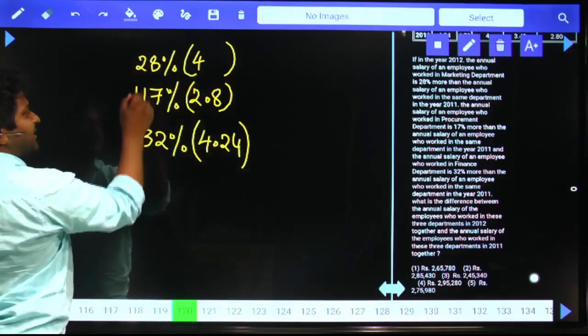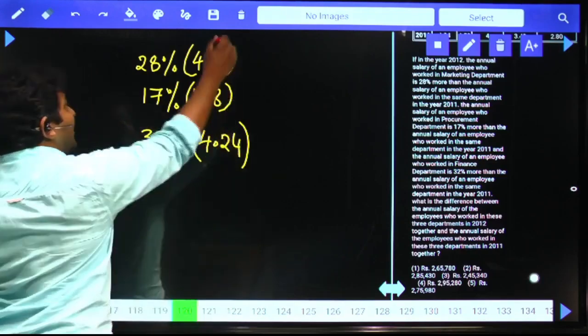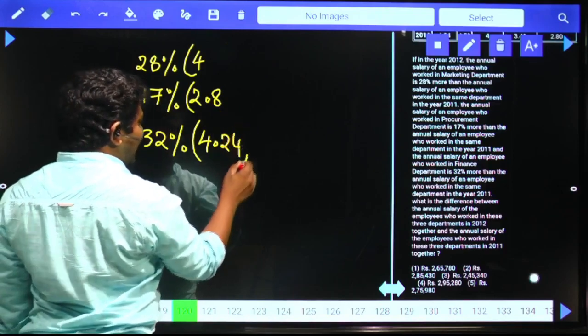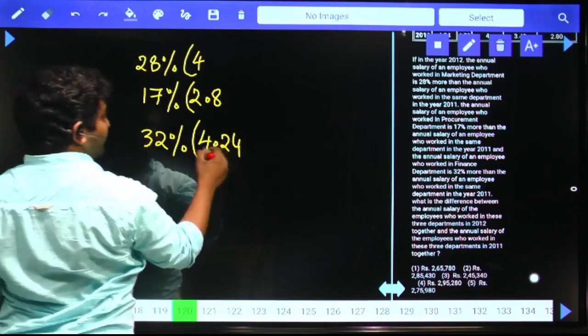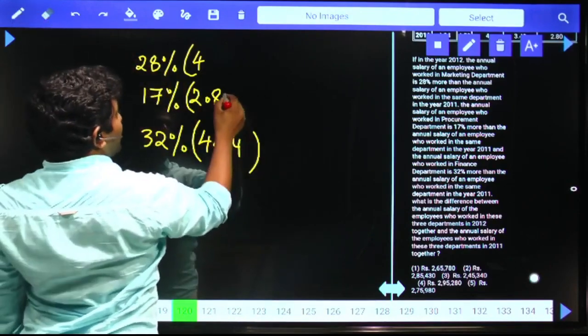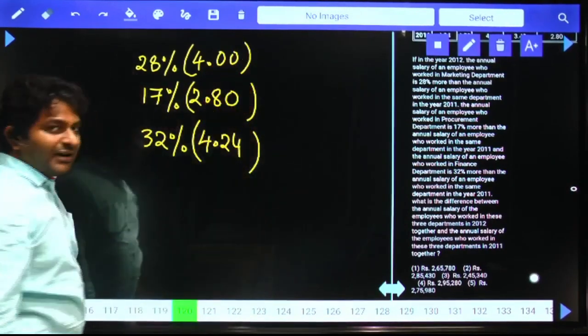Increase is 28%, here it is 17%, here it is 32%. Of which number? All these numbers are given in lakhs of rupees: 4.24, 2.80, 4.00.